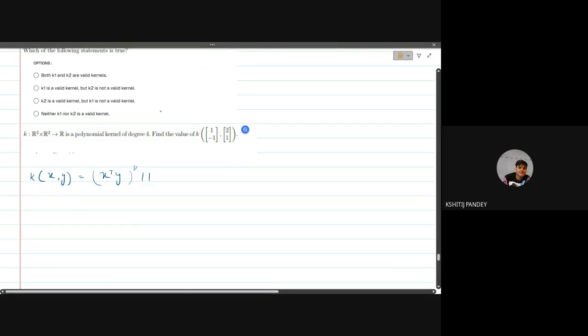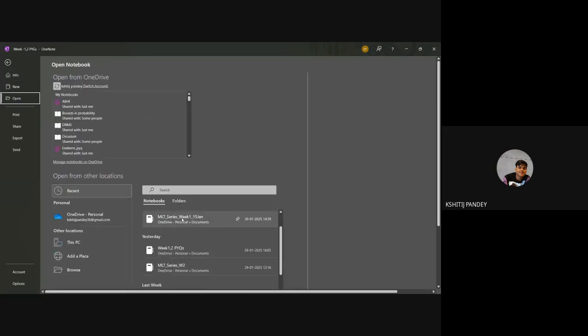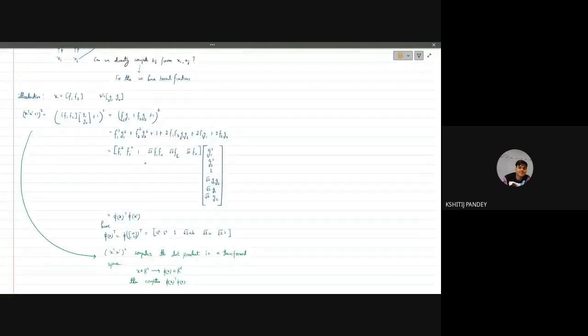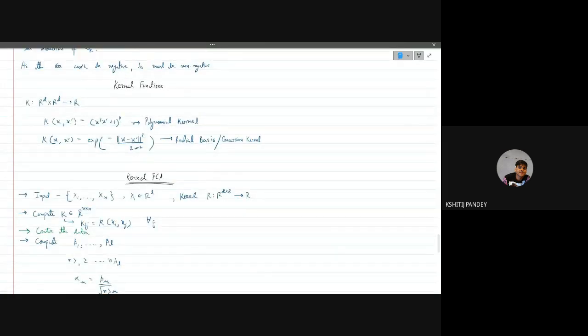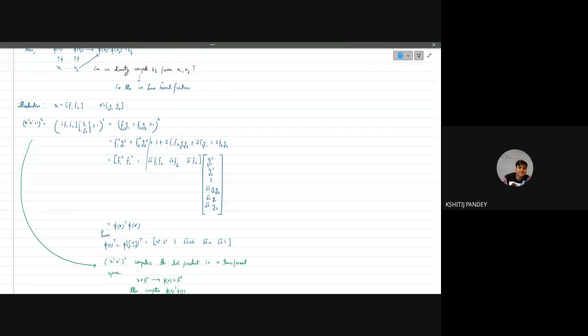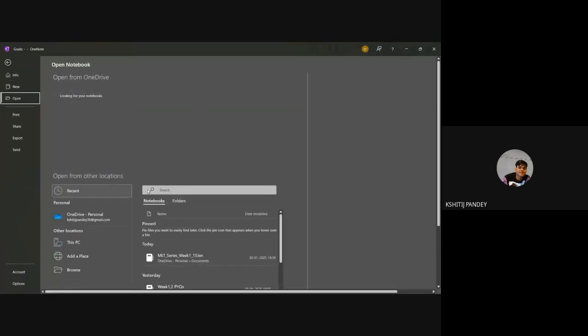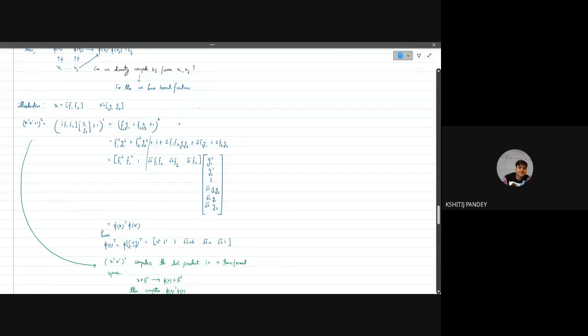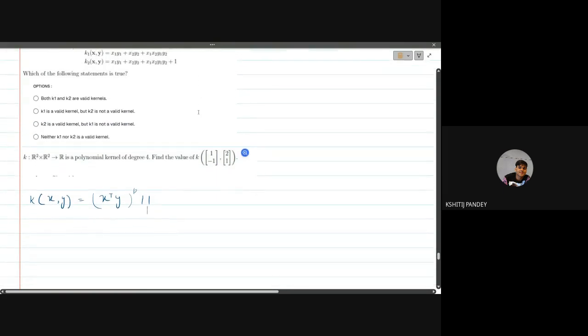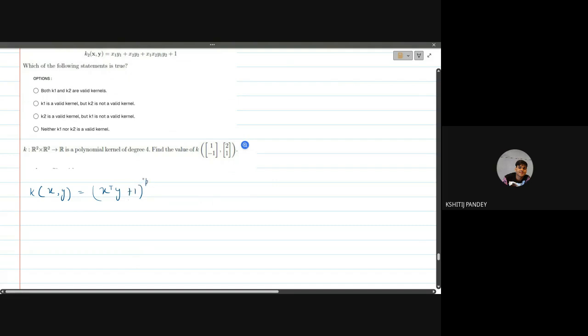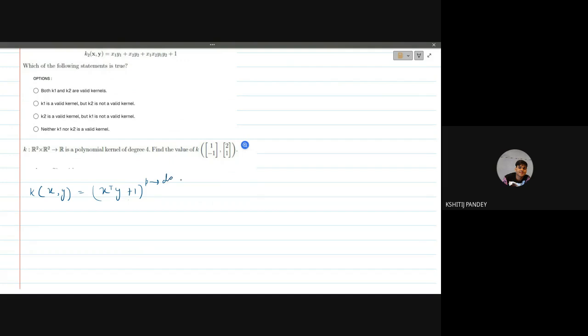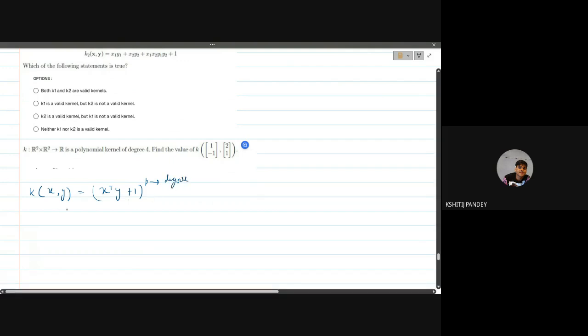I got confused, let us see what the formula is. Okay, the 1 is inside: X transpose Y plus 1, whole raised to the power P, and P is the degree. So here the degree is 4.